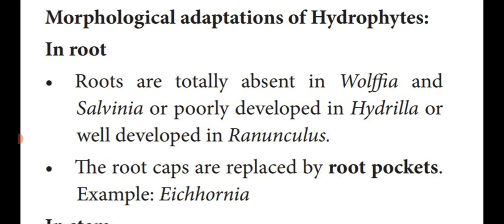So root is an external or vegetative organ. They are showing some variation. In some plants it is absent, in some plants it is poorly developed, and in some it is well developed.